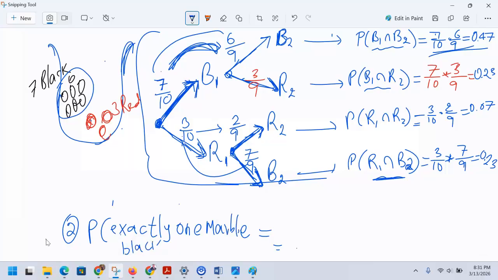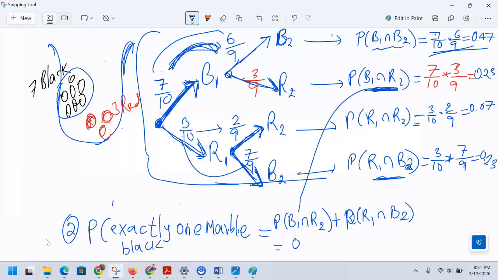So that means it could be the first one is black and the second one is red, or it could be the first one is red and the second one is black. So first black will be right here, which is 0.23, and this will be right here, which is again 0.23. So it is like 2 times. So you get 0.46.